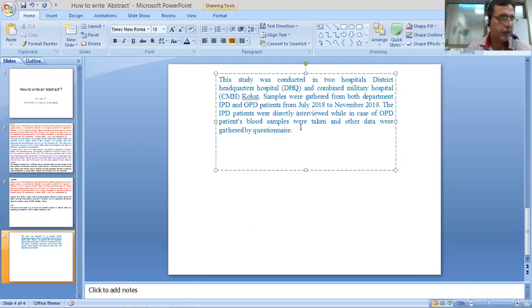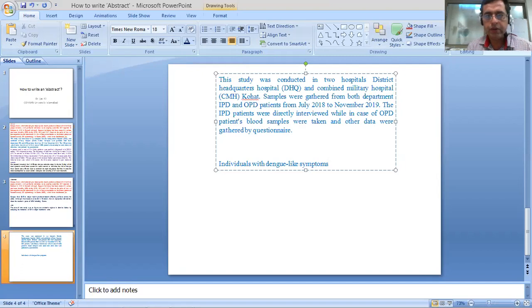Okay, so I would write it like this: individuals with dengue-like symptoms. Okay, this is the methodology that I have adopted for achieving my objectives.